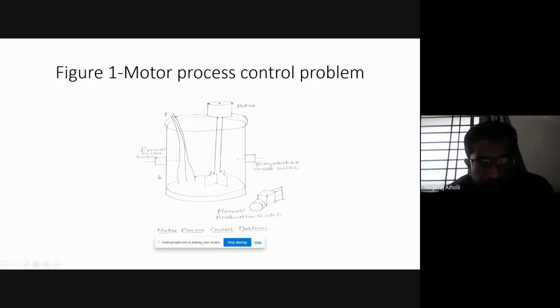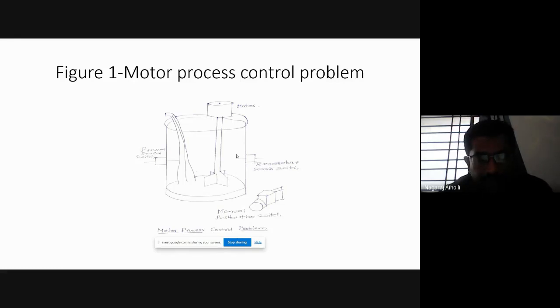So this is a vat, a container, in which a liquid is filled, and we have to stir this liquid. Now, if we want to stir this liquid, first we have to sense the pressure, then sense the temperature, and only if the pressure and the temperature reach their set point value, then the motor will be turned on and rotate the liquid.